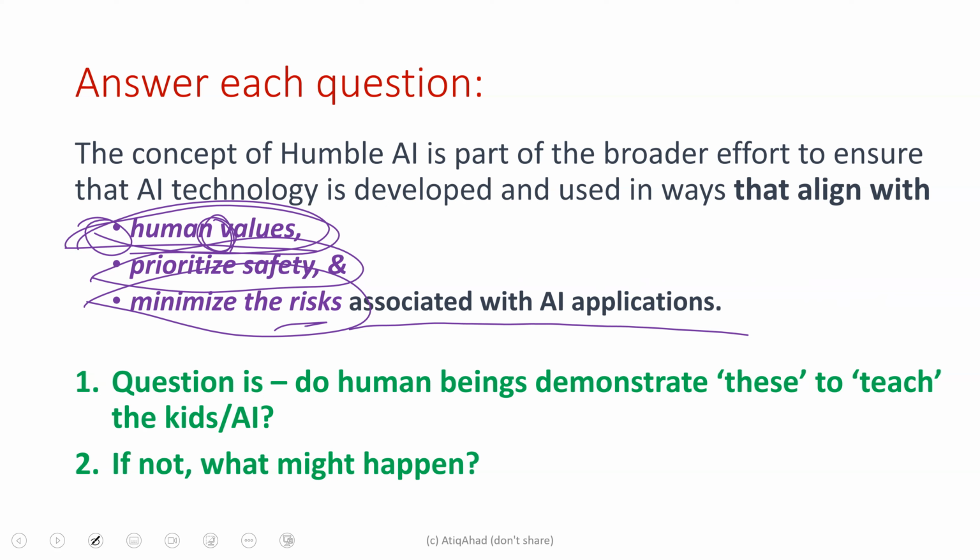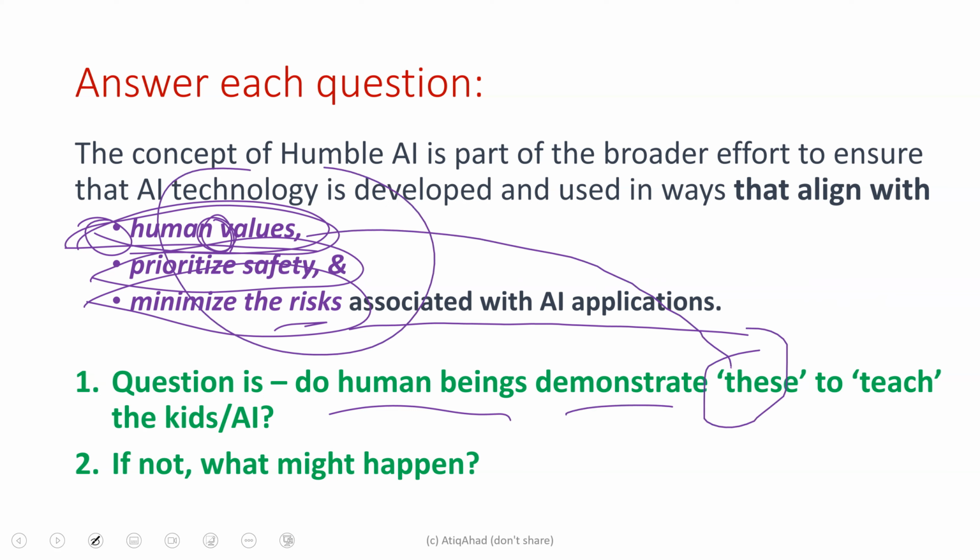Now, the question is, do human beings, myself and you and others, demonstrate these wonderful attributes to teach, guide, show and model to our kids or to AI? Do we?